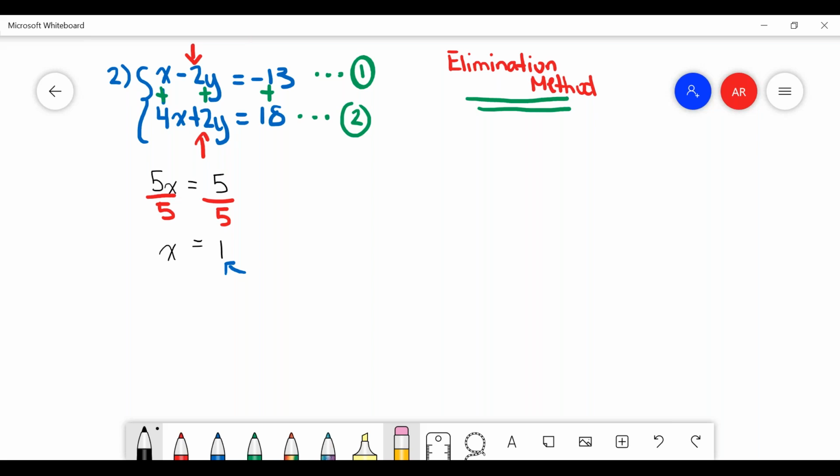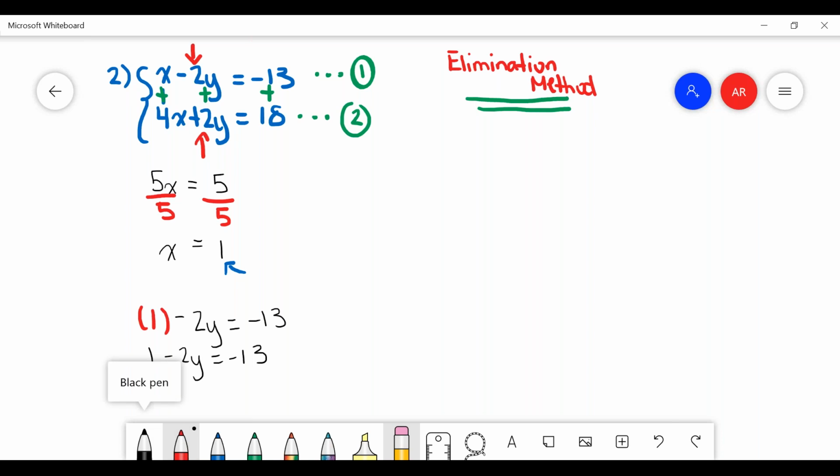Equation 1 is x minus 2y equals negative 13. So I'm just going to substitute 1 minus 2y is equal to negative 13. So we just have 1 minus 2y equals negative 13. Now, combining like terms, I'm going to subtract 1 on both sides.